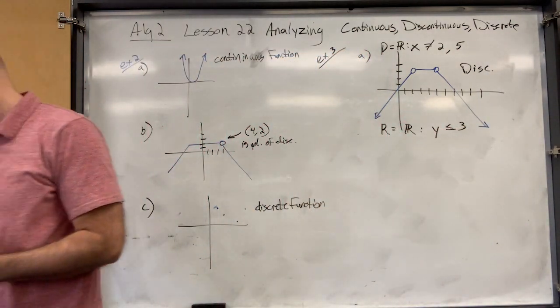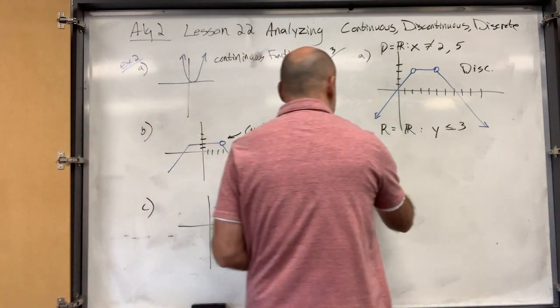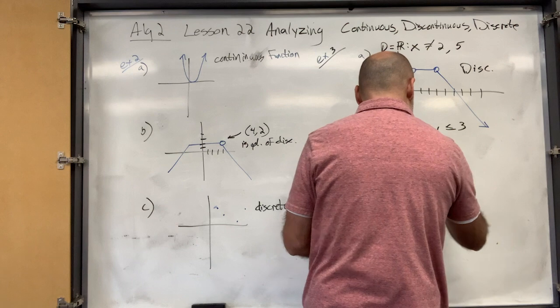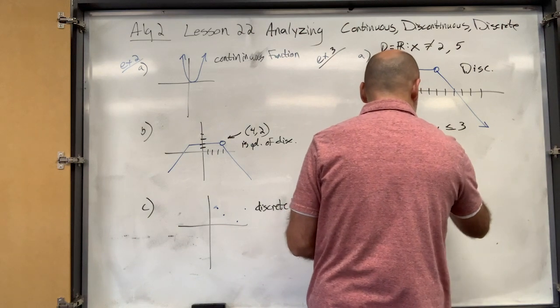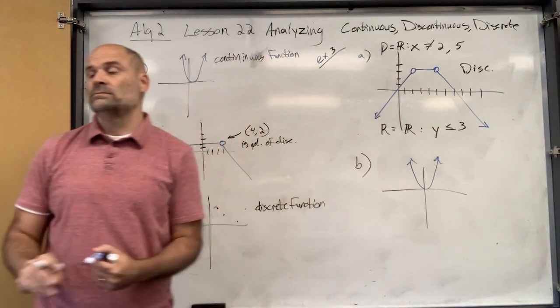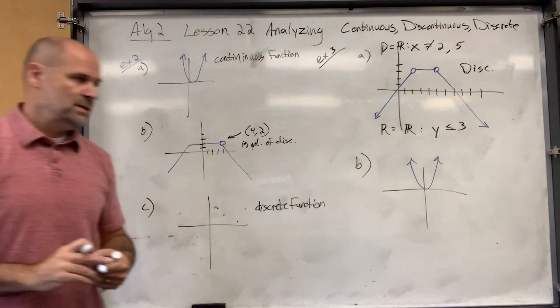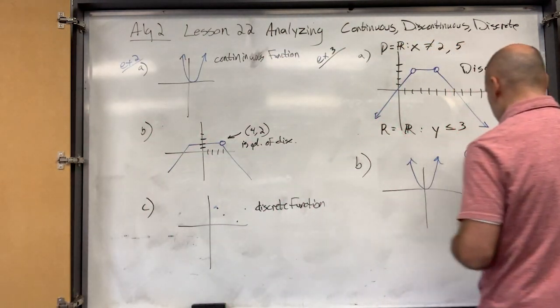Didn't expect that. Okay, tell me what kind of graph this is, and identify the domain and range. What kind of function is that? Continuous. And what's the domain and range?